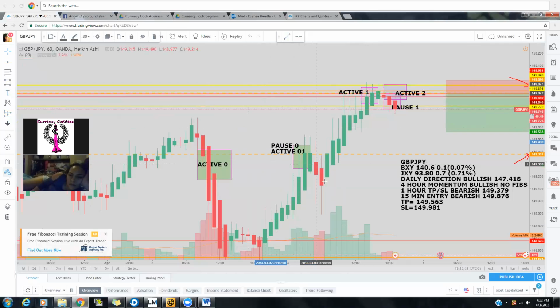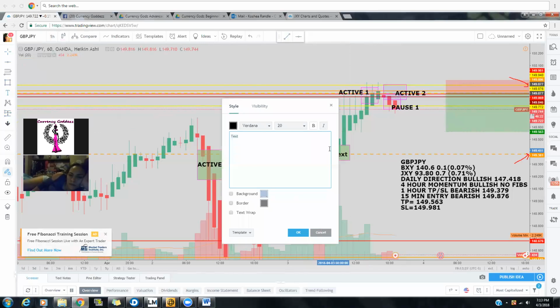So you have your 2 red, you need 3 in order to cancel this one. There's no third one, so this one is still active. It's continuing in this direction. The only difference is now you can say 1, 2, 3. Cancel or end 0.